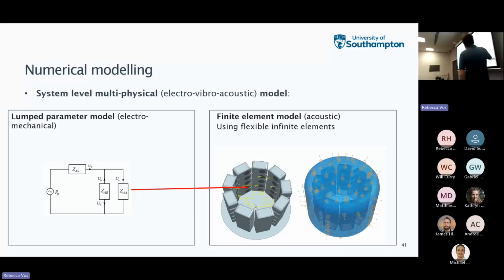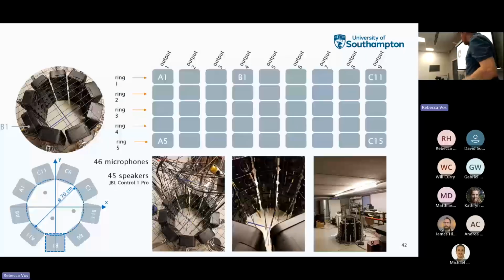Then we built a numerical model. We used a combination of lumped parameter modeling for the speaker dynamics, an electromechanical model, combined with a finite element model, where we use a flexible infinite element formulation to get this mesh. Then we did the measurements.